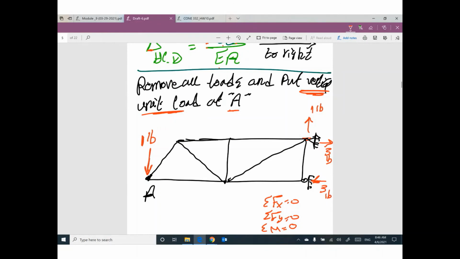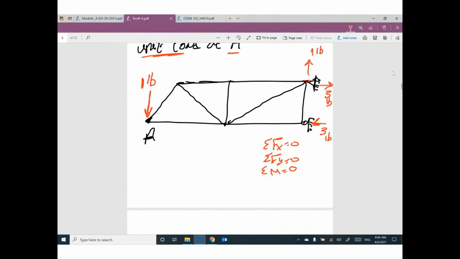Go ahead and find the internal force in each member. I will do it quickly, but you should solve it one by one. I think this one will still be 0. This one will be 0. Compression here 3. I think this one will be tension 1.4, compression 1, and this one will be compression 1.4.